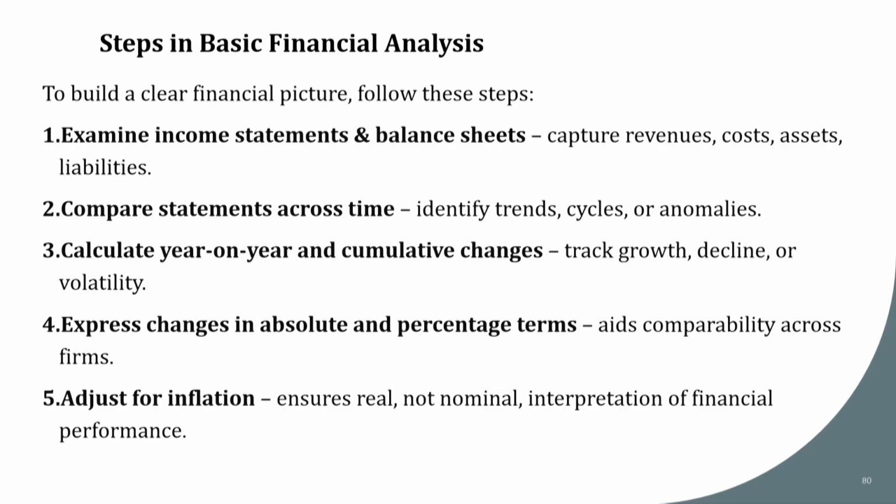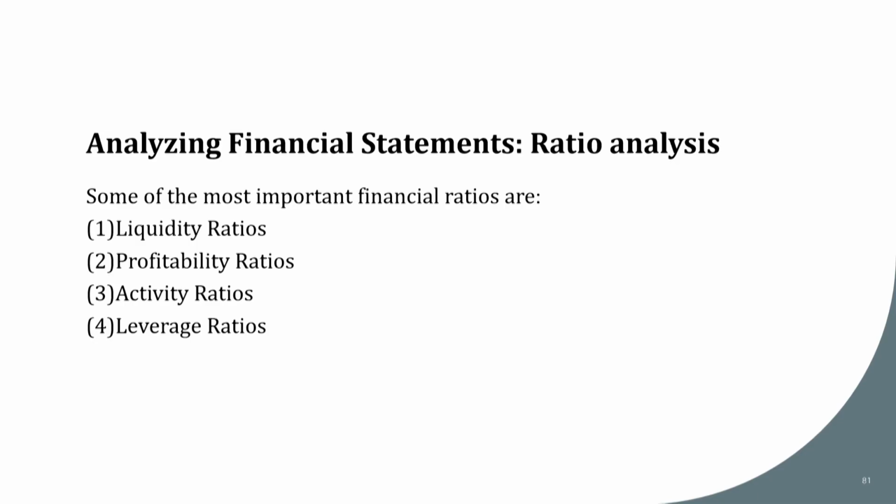Once the basics are done, the next step is ratio analysis, which allows meaningful comparison across metrics. I am again listing several important metrics that have been widely used in ratio analysis. Ratios standardize performance, letting us compare across time and across companies of different sizes.